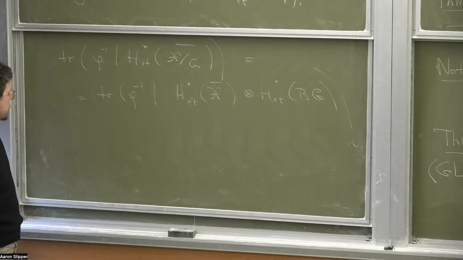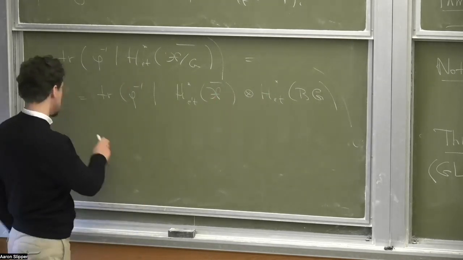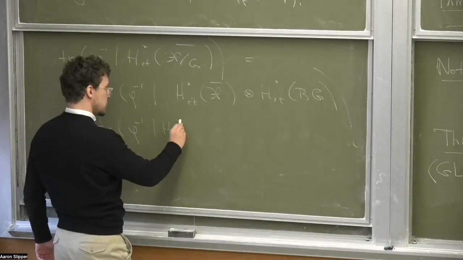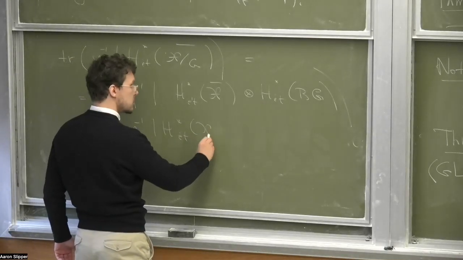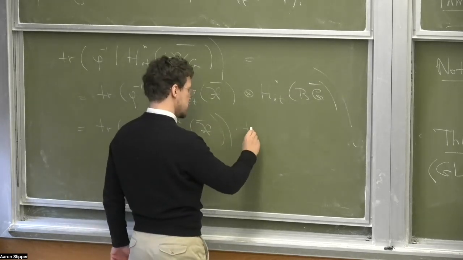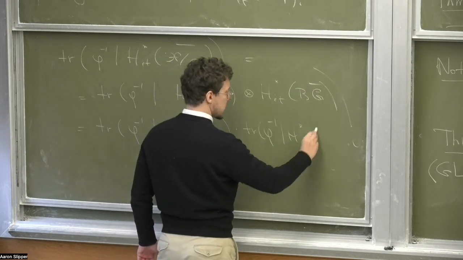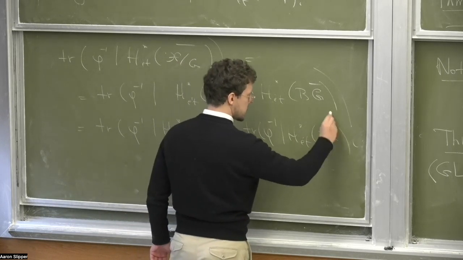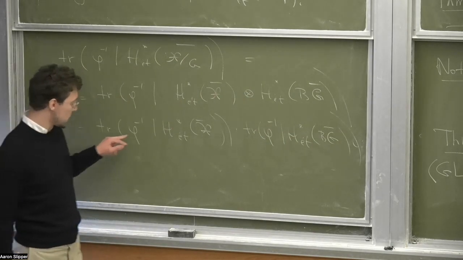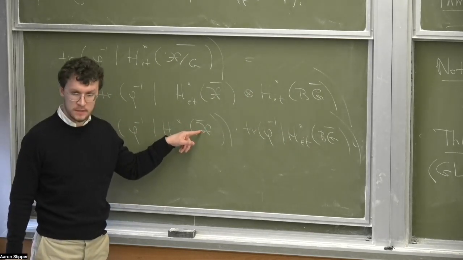Now, the trace is also multiplicative. The trace of a tensor product is going to be the product of traces. So I can rewrite it as follows: the trace of inverse Frobenius on the homology of Φ, times the trace of inverse Frobenius on the homology of BG. Okay. So now we already know by assumption that the Grothendieck-Lefschetz formula holds for Φ.